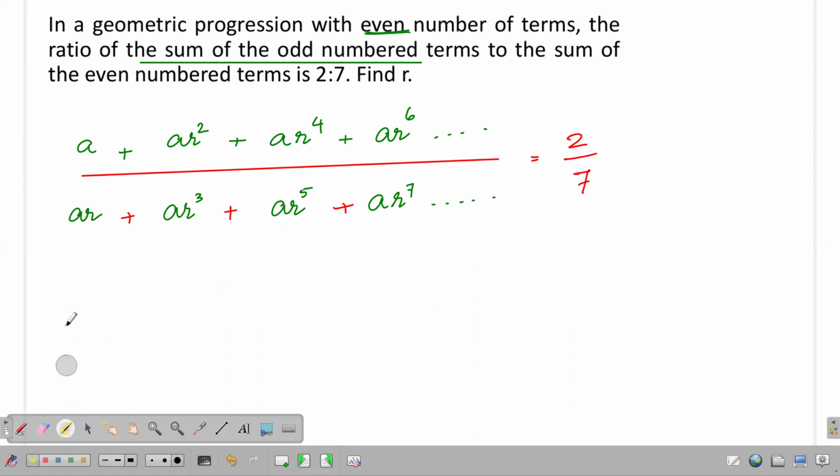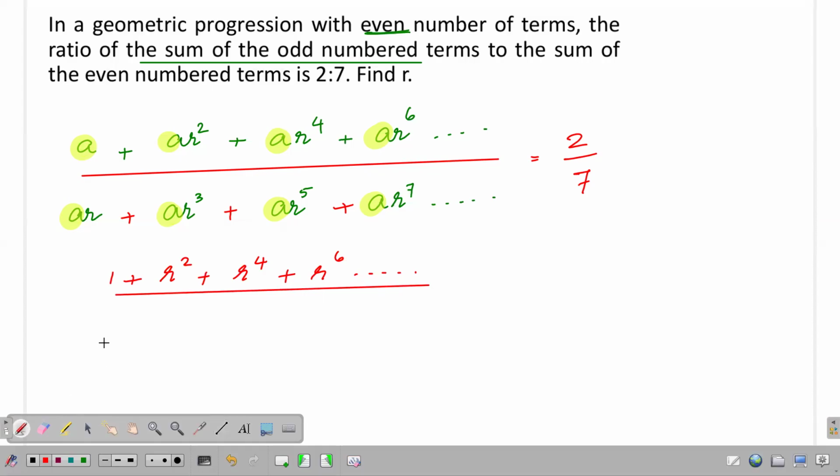Okay. So if you look at this, you can say that this A is common in the numerator, and also it is common in the denominator. That A can be removed. So this results in 1 plus r square plus r power 4 plus r power 6, etc. up to n terms divided by r plus r cube plus r raised to 5 plus, etc. It goes like that.